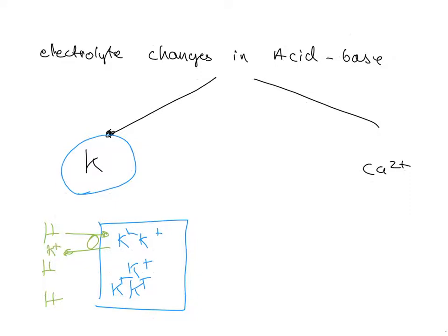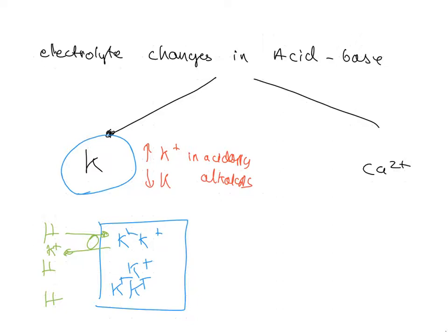So what happens to the potassium levels in the body? It causes hyperkalemia in acidosis. However, in alkalosis, it goes in the reverse direction and it causes hypokalemia, because the hydrogen ions need to be pumped out in order to maintain the normal body pH, which is between 7.37 and 7.42.